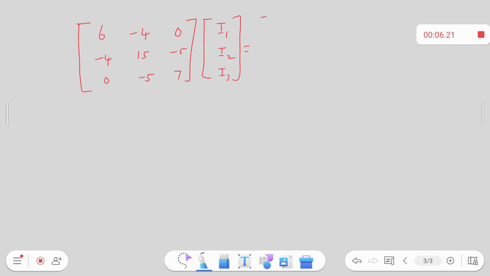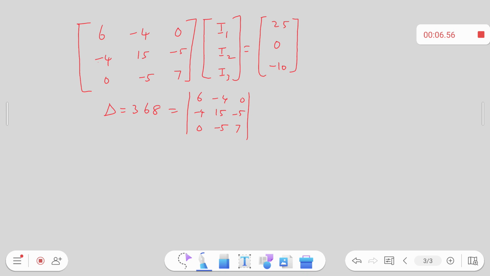That will be equal to 25, 0, minus 10. Now, as we have already discussed, I am calculating del. So the del value is the determinant of the matrix 6 minus 4 0, minus 4 15 minus 5, 0 minus 5 7, which is 368. That is my del value.